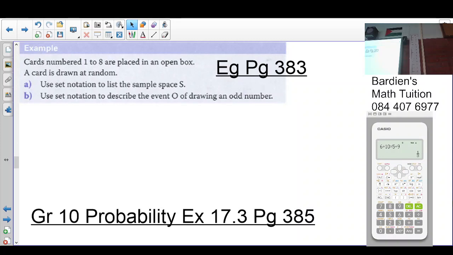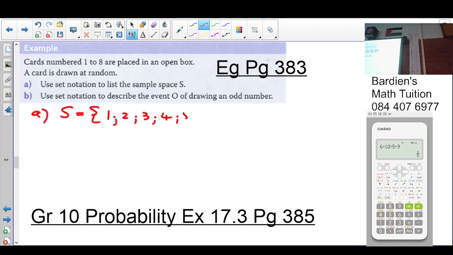A card is drawn at random. Use set notation to list the sample space. So what would that be? The sample space would be 1, 2, 3, 4, 5, 6, 7, and 8.